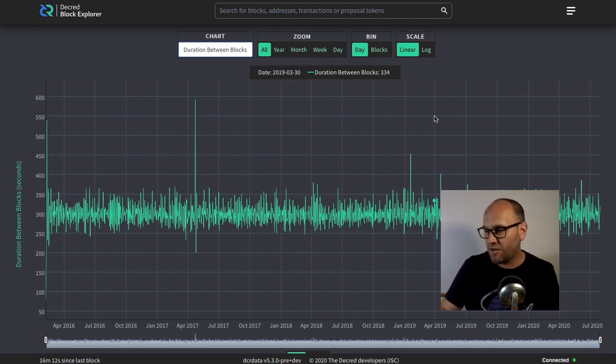But if it started to fluctuate out, then you'd have things to worry about. Ultimately, that's okay. And remember, every blockchain will produce blocks at different times. The Decred chain produces blocks every 300 seconds roughly, and the Bitcoin blockchain produces them every 600 seconds, or 10 minutes roughly, but that will fluctuate.